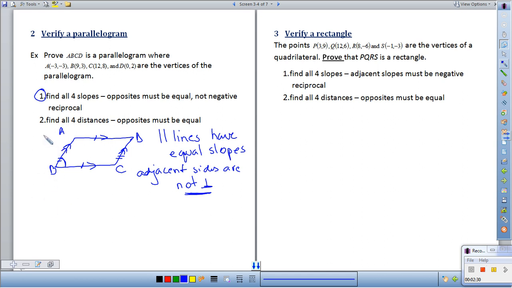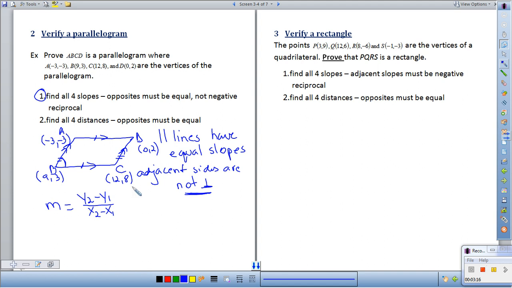So let's take a look at our slopes. A has the coordinates -3 and -3. B has the coordinates 9 and 3. C has the coordinates 12 and 8. And D has the coordinates 0 and 2. The formula that I want you to apply for slope is m equals y2 minus y1 over x2 minus x1.